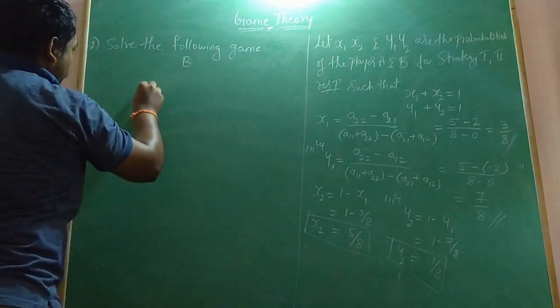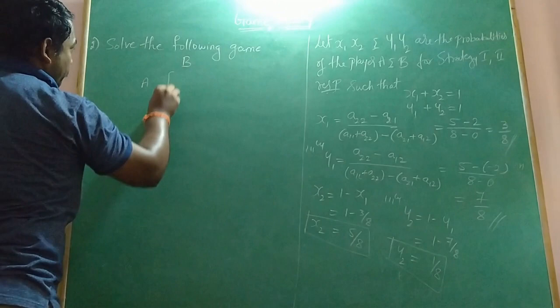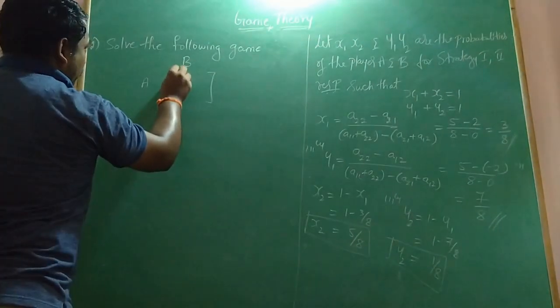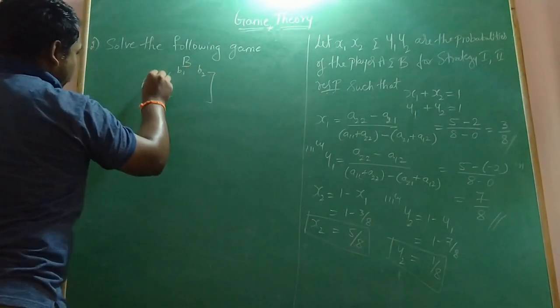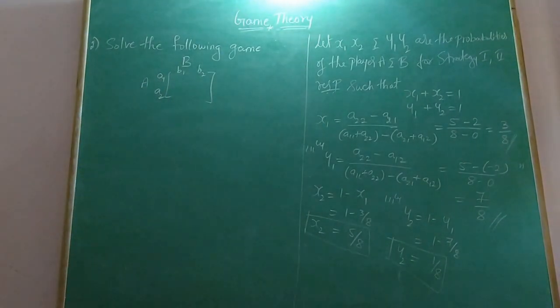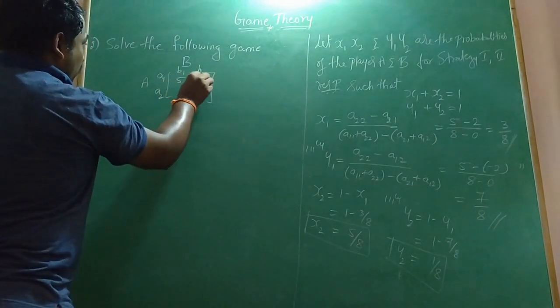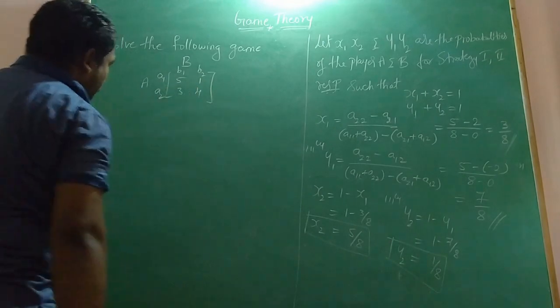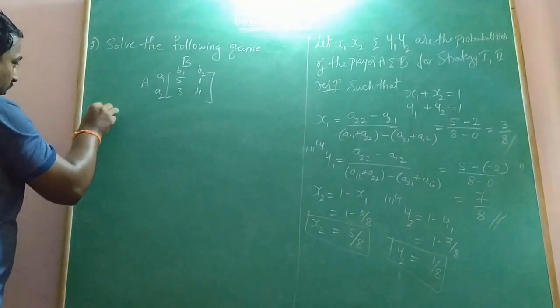This is for player B, for player A. Say there is B1, B2, A1, A2, and the values in the payoff matrix are 5, 1, 3, 4. Let us go for the solution.